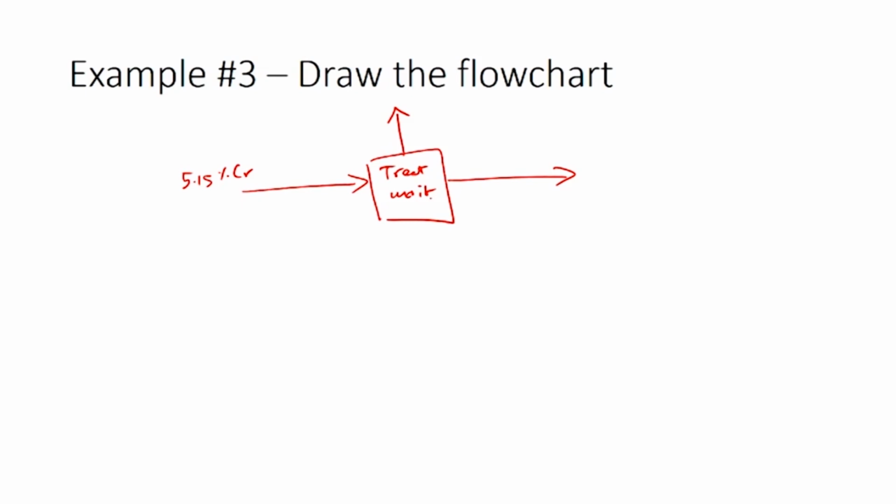This treatment unit has been designed to handle only 4500 kilograms per hour of the liquid. In case the flow rate of the liquid is greater than 4500, anything in excess of 4500 is removed and it bypasses the treatment unit and is mixed with the effluent which is sent to the waste lagoon, and the combined fluid is sent to the waste lagoon. So, this is the flow chart describing the process.